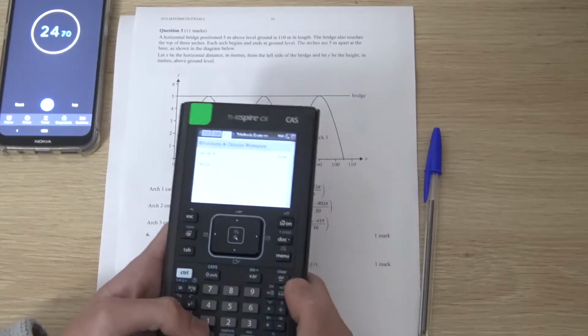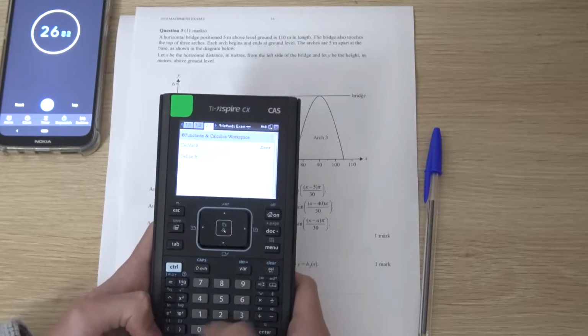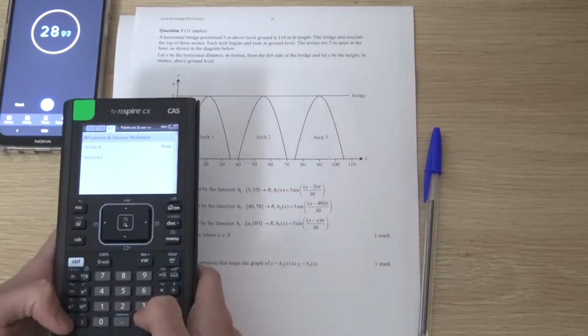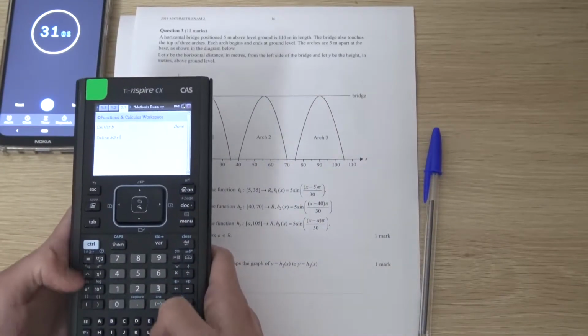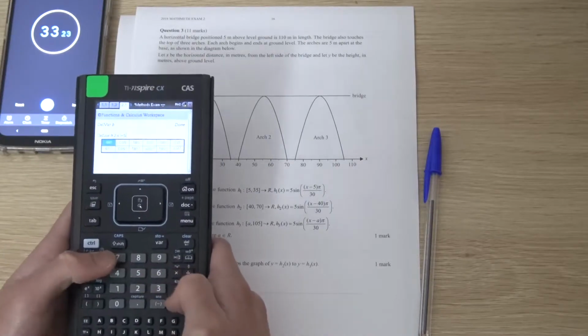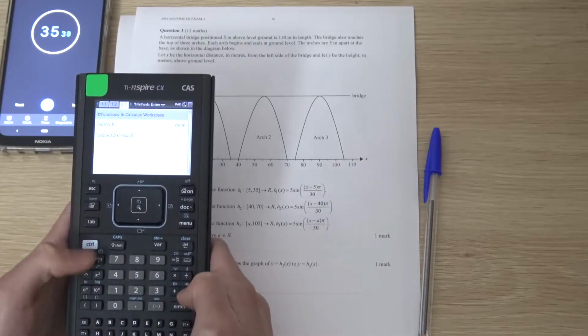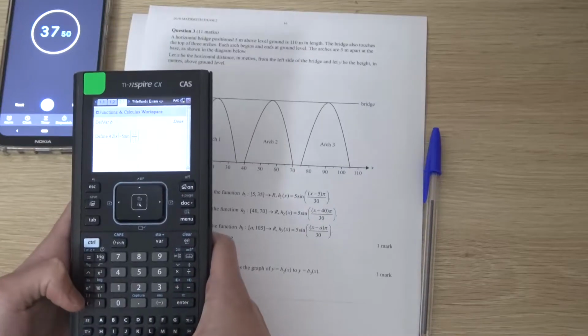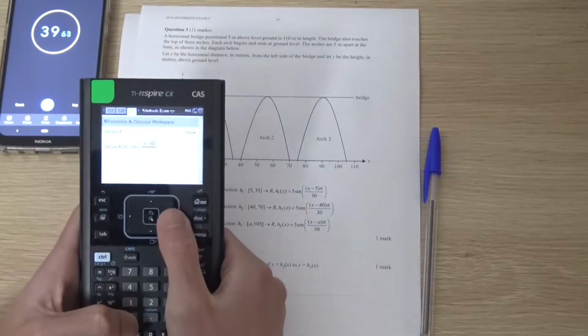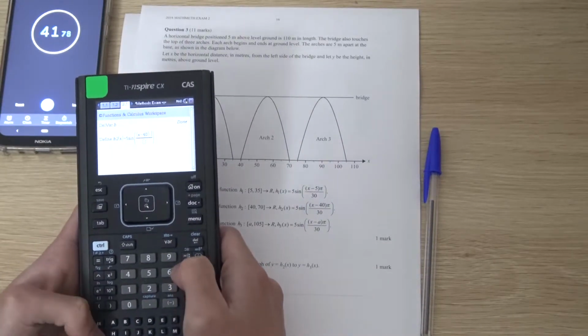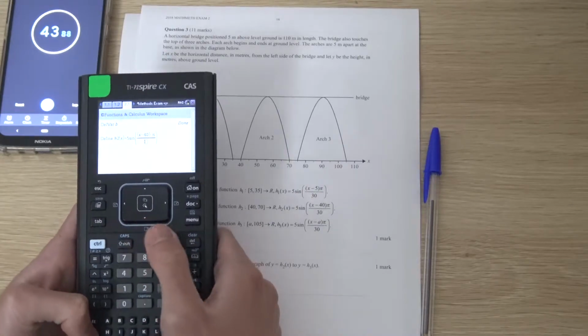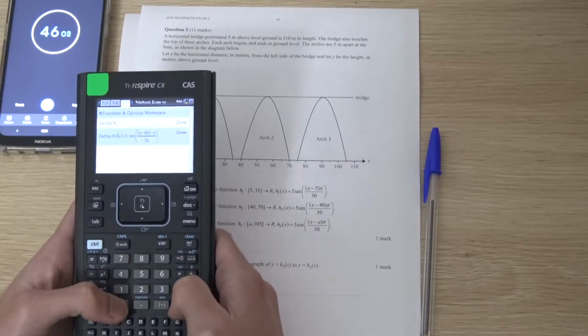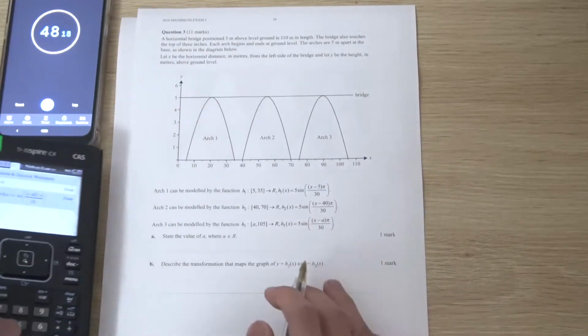So we're going to go to menu 1.1, define h2 of x to be equal to 5 times the sine of x minus 40 times pi, and then we have this divide by 30 like so. Okay, so we have our h2 defined, that's good.